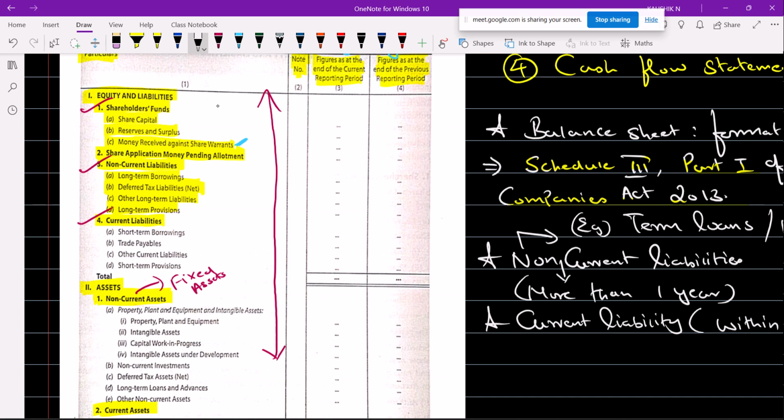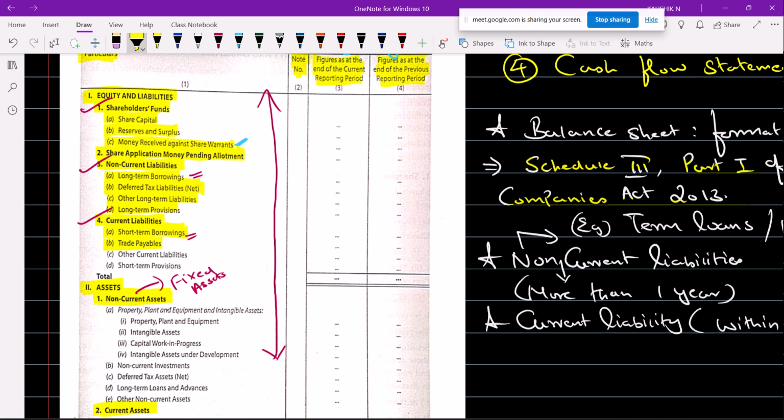Accordingly, under this category of current liability, the first item is short-term borrowings, quite opposite to your long-term. In your non-current liabilities you had long-term borrowings; here, quite opposite, short-term borrowings. The next item is trade payables, which is also a current liability.